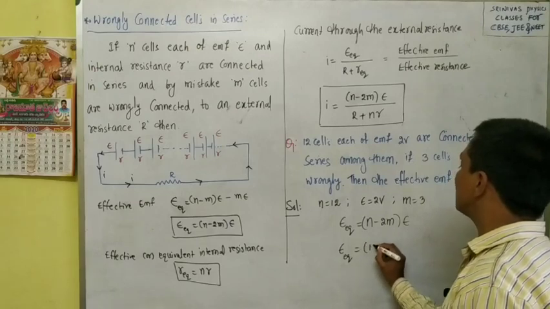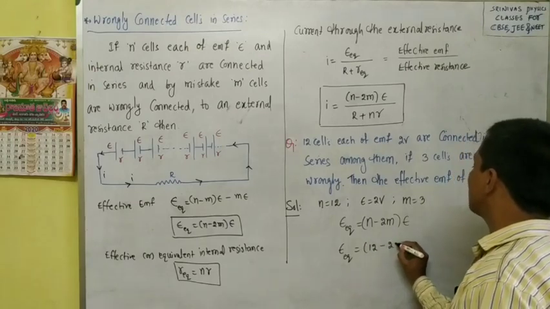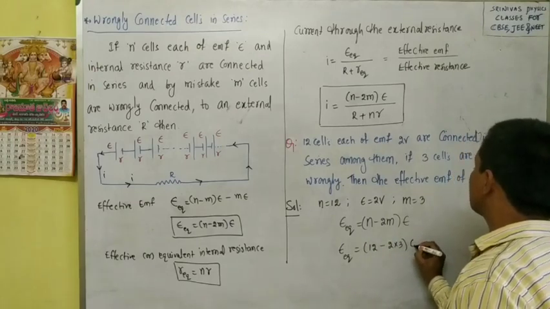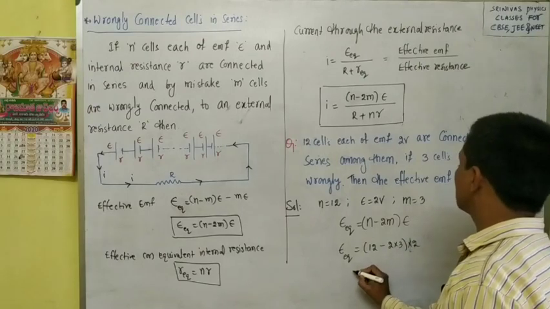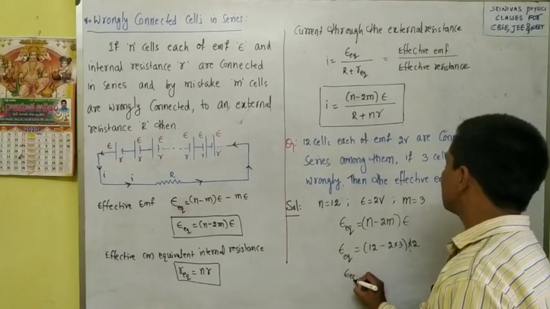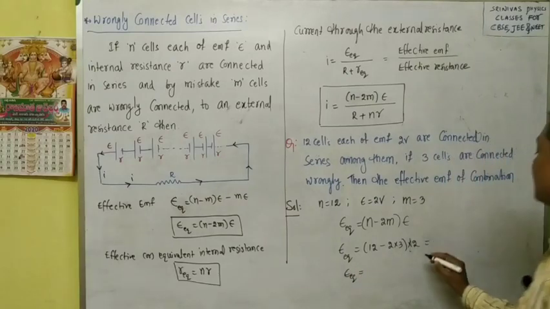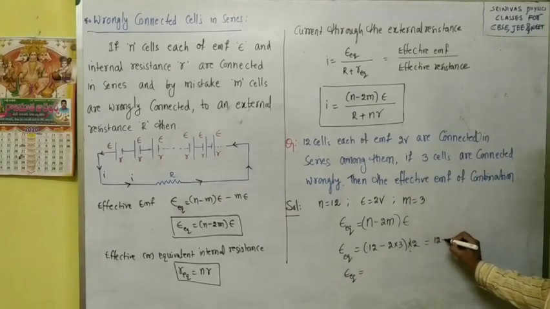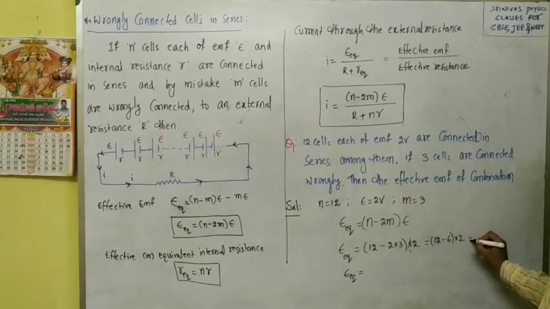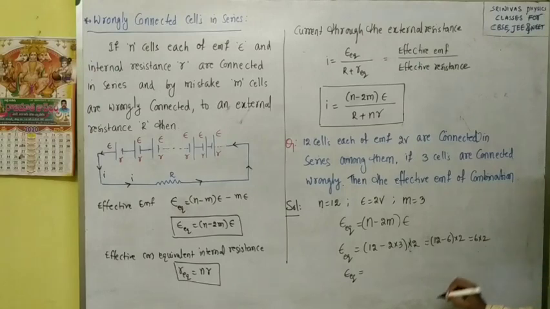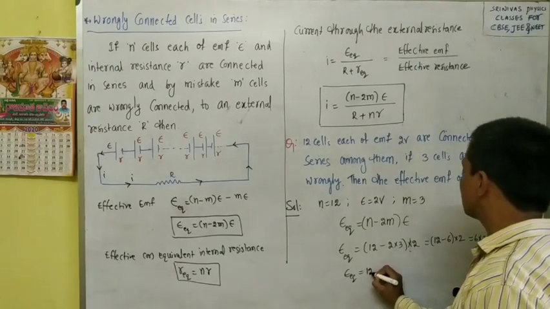n is 12, minus 2 into m is 3, and E value is 2. We get E equivalent equals (12 minus 6) into 2, that is 6 into 2, so we get 12 volts.